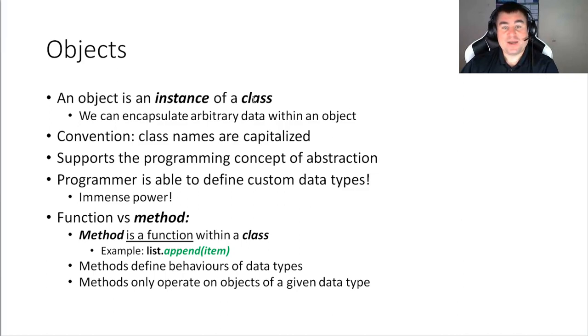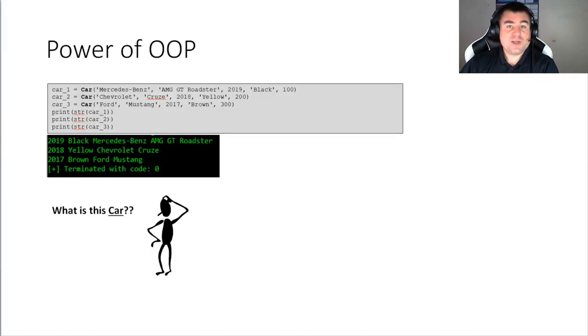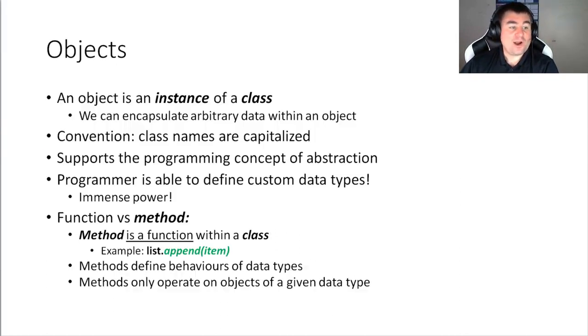Pretty much everything in Python is an object of a class, right? And the power of object-oriented programming is we can store arbitrary data within an object and then neatly and easily access those data. So convention is that class names need to be capitalized, as you'll see shortly.